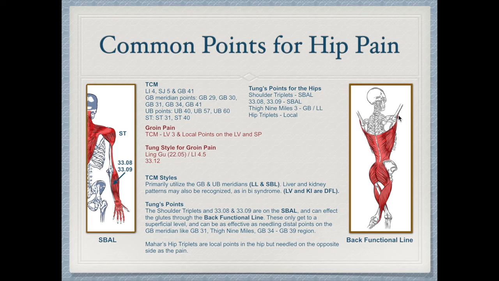So what appears to be going on then is that mechanical signals are being sent through these myofascial lines, and when we needle points on this superficial back arm line, it's able to have a strong effect on the lats and even into the glutes as well.